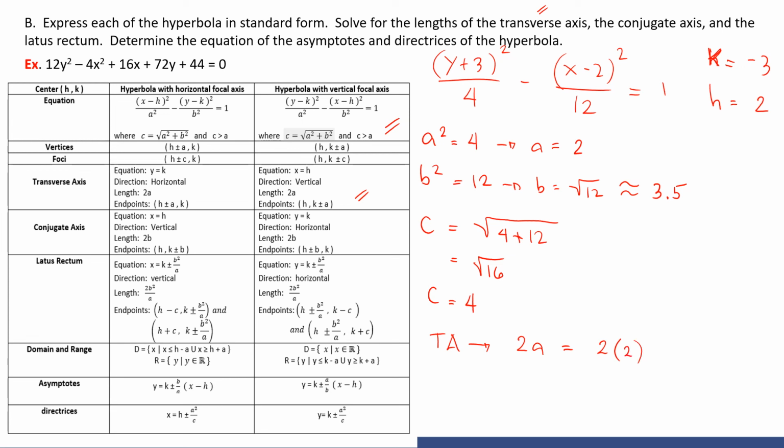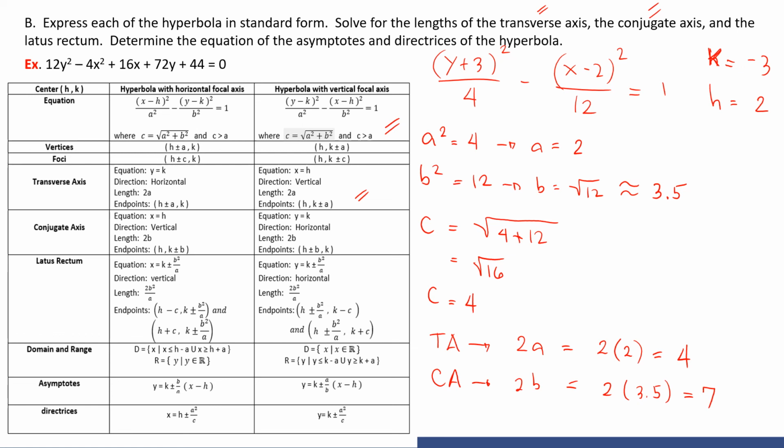So, that is 2 times 2. So, the answer is 4. And then, the length of the conjugate axis. So, the length of the conjugate axis is 2b. So, ibig sabihin, we have 2 times the value of b, that is 3.5. So, equivalent to what? 7. Okay? So, we have here 7.